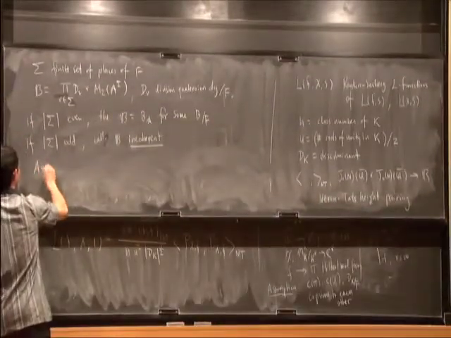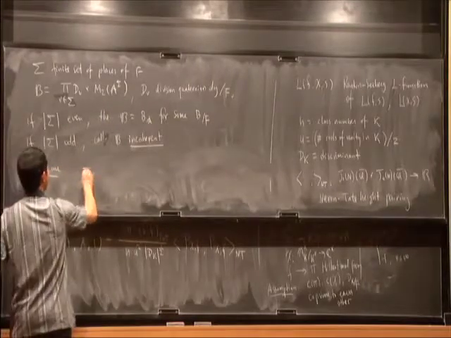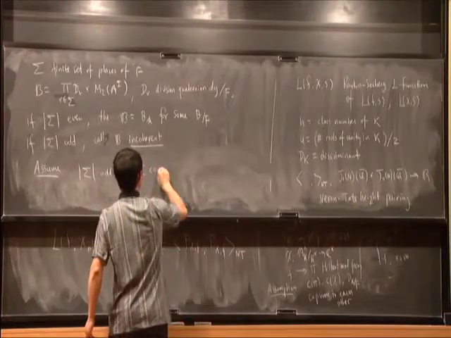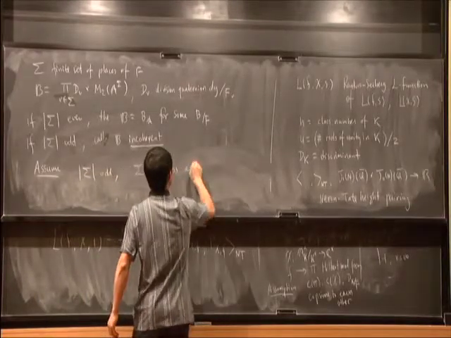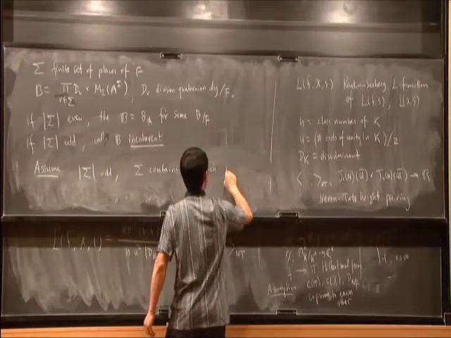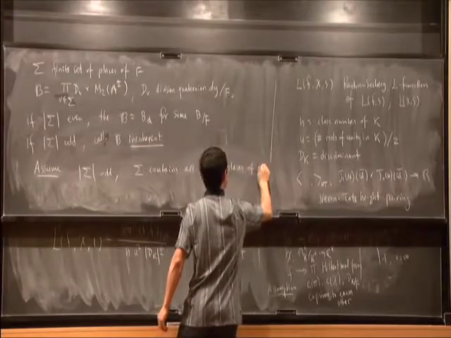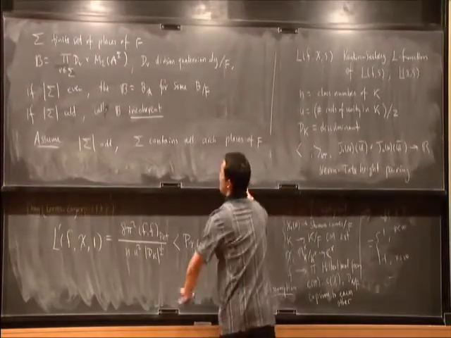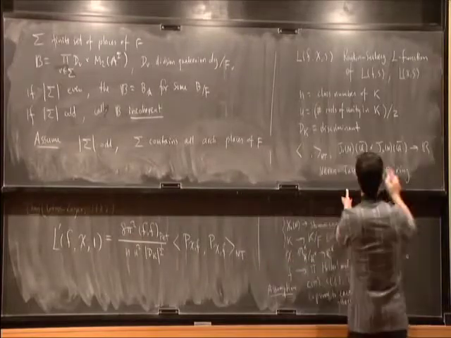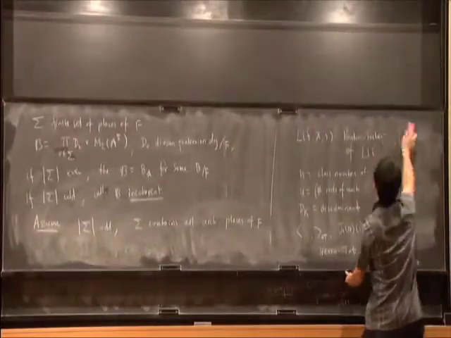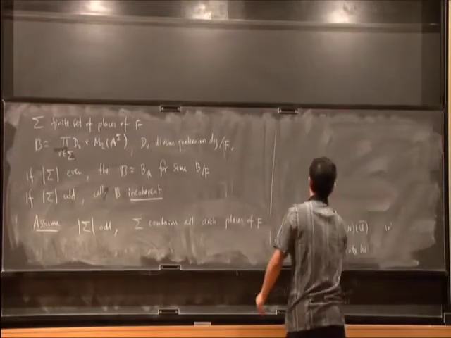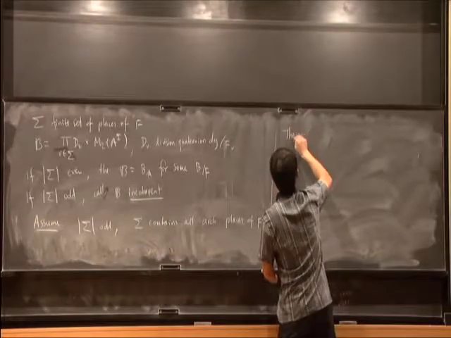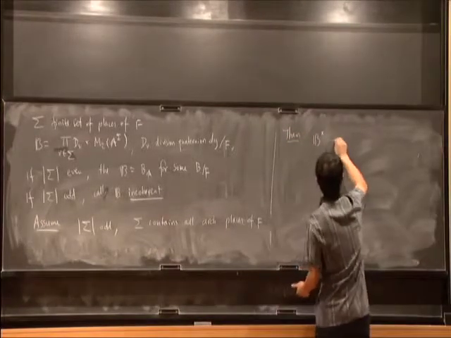Now we assume sigma is odd, and assume sigma contains all Archimedean places. Then this B^times determines a Shimura curve.